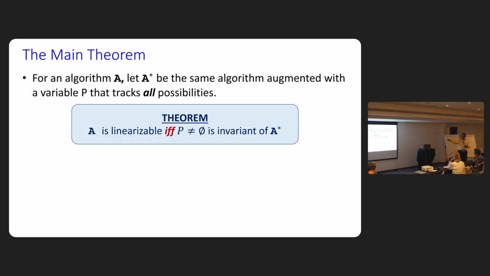If A is not linearizable, then P not equal to empty set is not going to be an invariant. That's all we know. How we take advantage of it is up to us, but that's all being claimed. So I'm not claiming that there is a decision procedure to which you can feed in your algorithm and then that decision procedure will terminate and tell you it is linearizable. You are not asking for it, it looks like, okay.